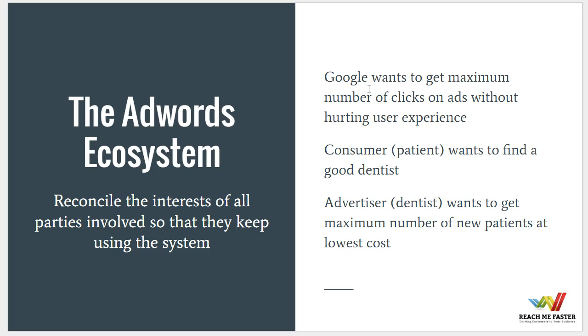So every time somebody wants a local business or some information, Google wants them to choose Google search. And so they do not want to hurt user experience. At the same time, they want to maximize the number of clicks on the ads because that's how they make money, and they can pay their employees, and then they can show performance to their shareholders.